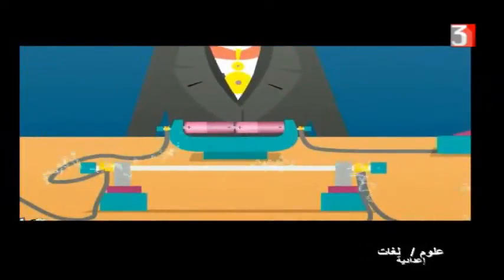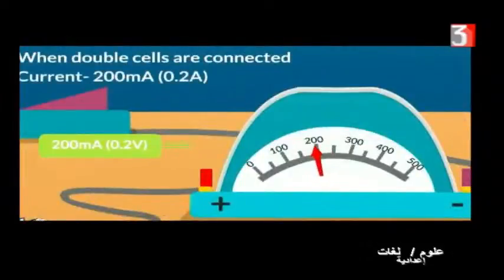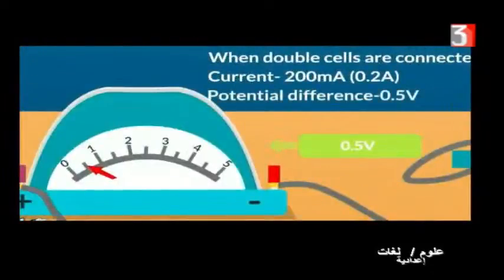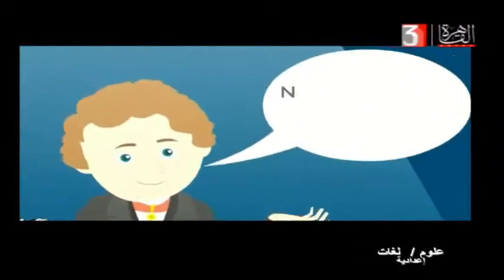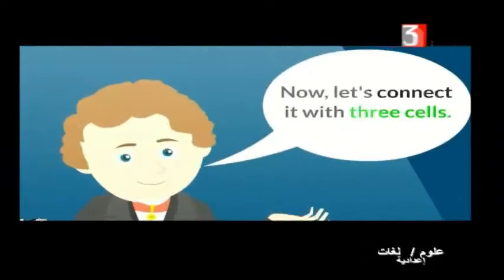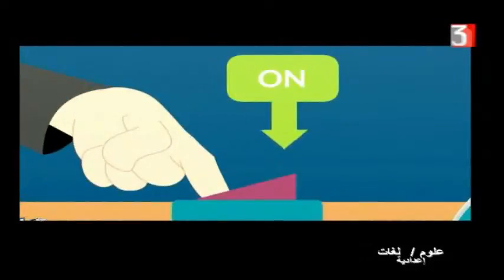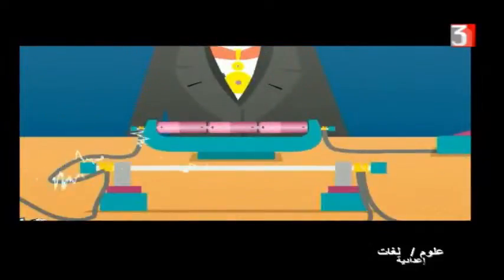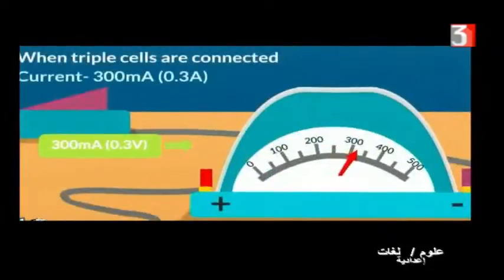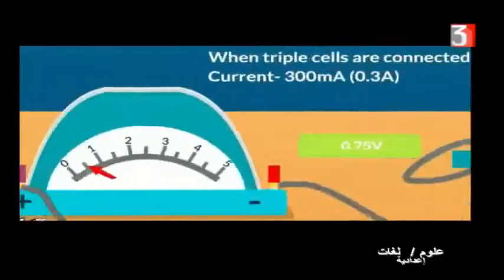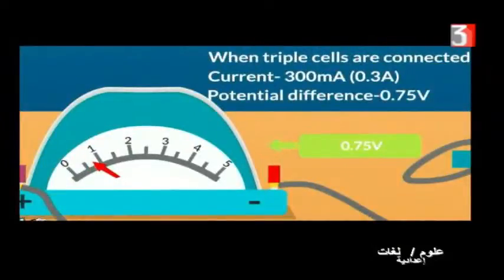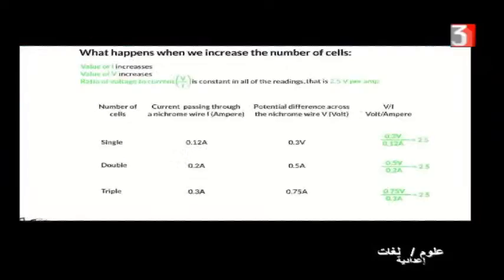Okay, we can observe here electric current intensity is increasing and also potential difference is increasing. Okay, let's use another battery. Here we increase the number of batteries instead of using a rheostat. The same idea. Okay, here we can see electric current intensity is increasing and potential difference is increasing.